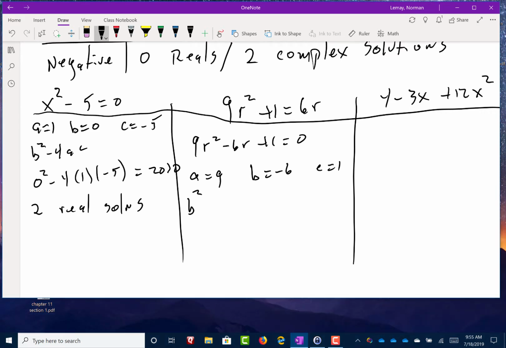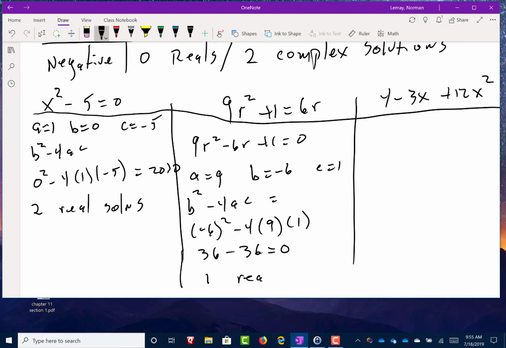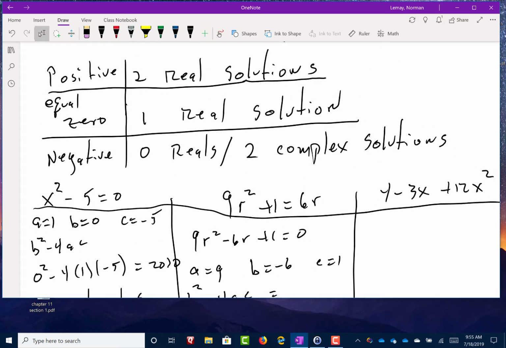So b squared minus 4ac is going to equal negative 6 squared minus 4 times 9 times 1. So we get 36 minus 36, which is equal to 0. So this means we are going to have one real solution. As per our rule right here, equals 0, boom.